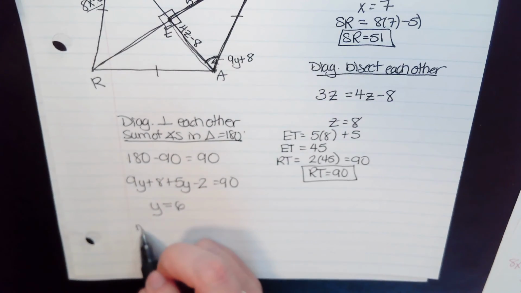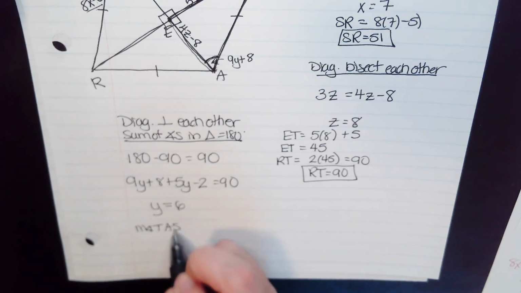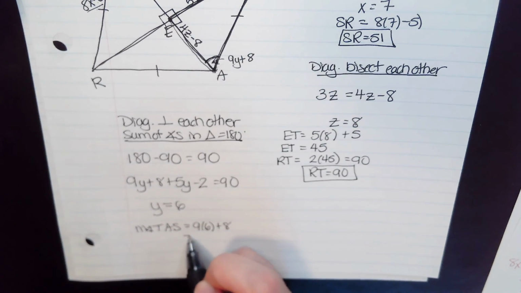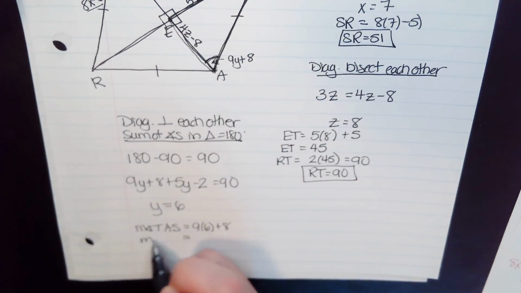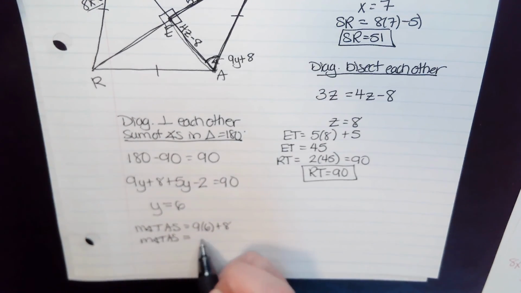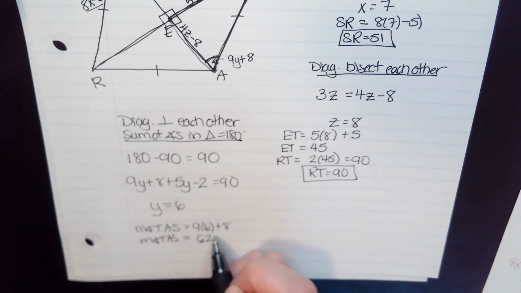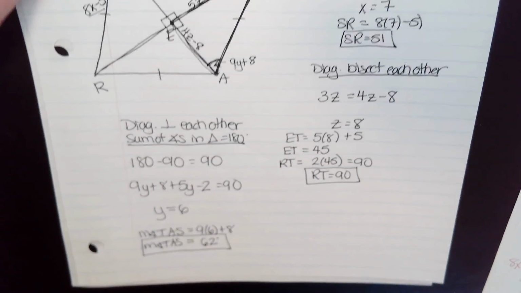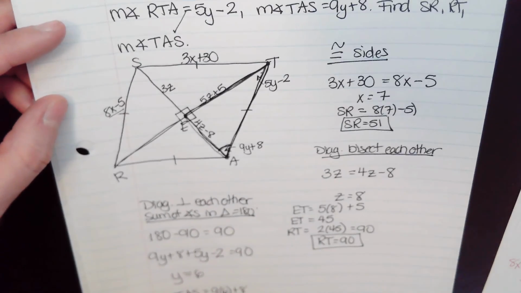And then to find the measure of angle TAS, you're going to do 9 times 6 plus 8, which gives us 62 degrees. And that is the last thing you needed to find there.